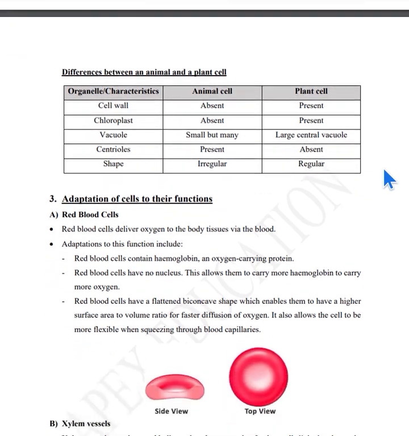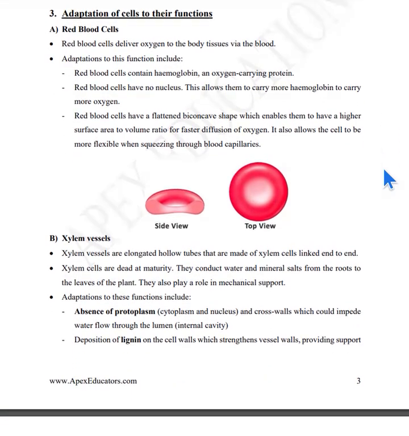For chapter 3, for point 3, you need to state the adaptation of red blood cell. You need to tell me that red blood cells contain hemoglobin, do not have a nucleus, and have a biconcave shape. Hemoglobin is an oxygen-carrying protein.